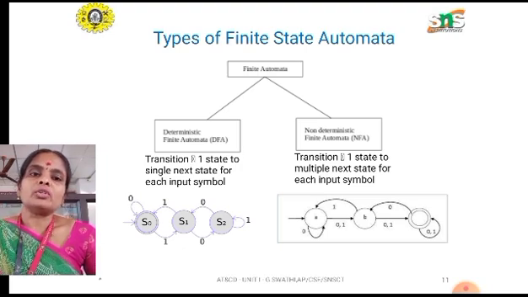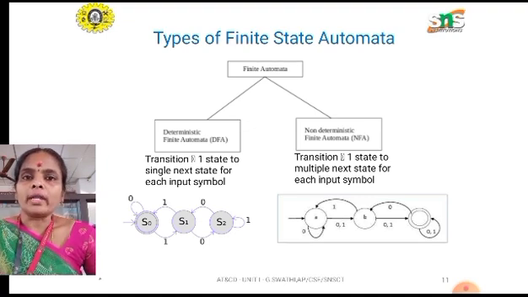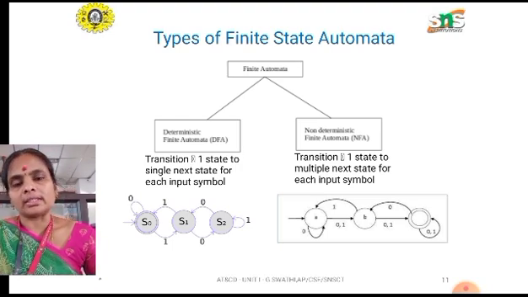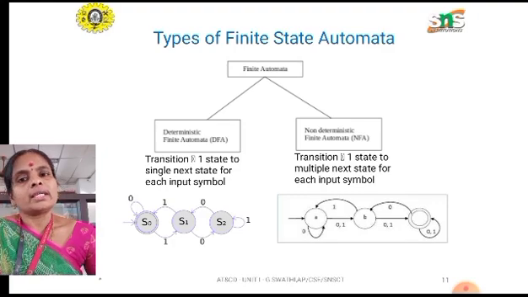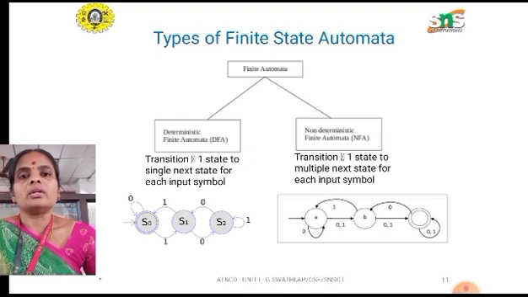And coming to the deterministic finite automata, it is very well determined in such a way that on one input symbol from a state we will have only one transition that leads to one end state. So obviously there is no confusion in taking the transitions. The deterministic finite automata will provide you a feasible solution on any input symbol.